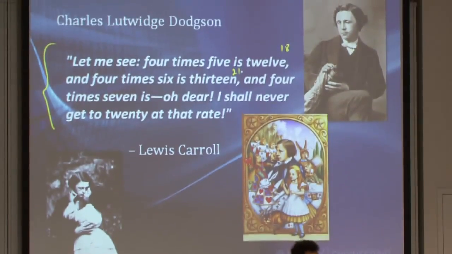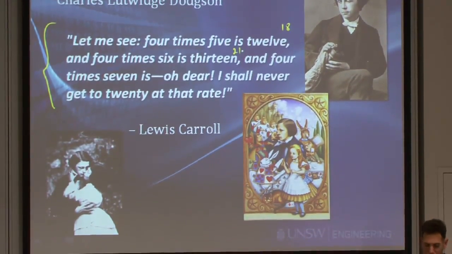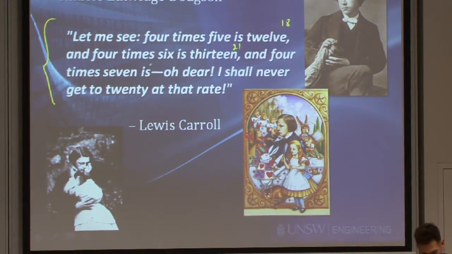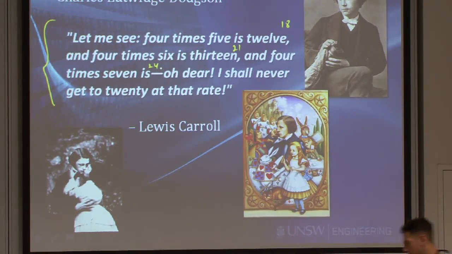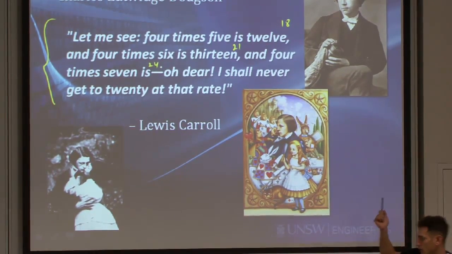And if we continue this logic on 4 times 7, the next base will be 24. And you can probably figure out what this will be. If you continue the trend with all the numbers, you will see that you will, in fact, never get to 20. So that's from Alice in Wonderland.